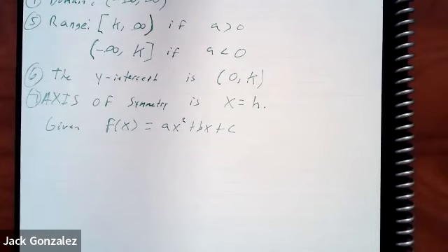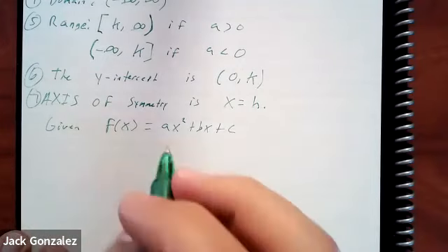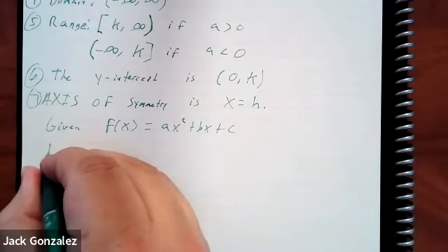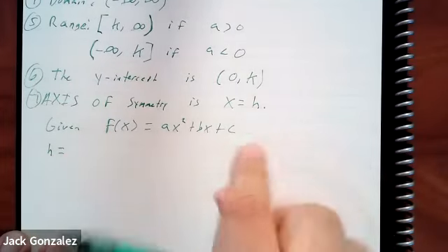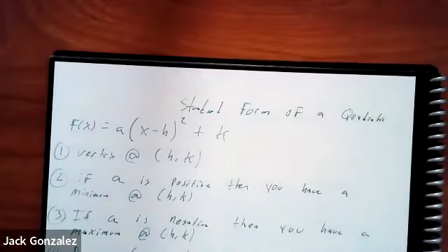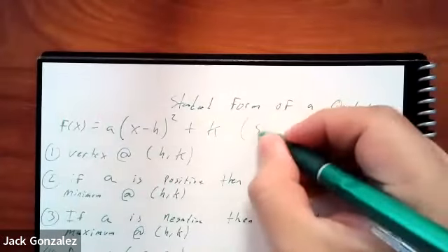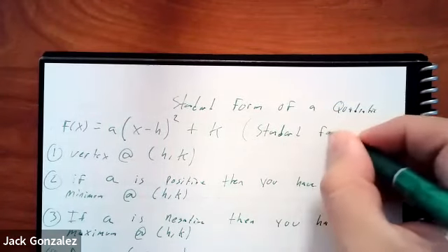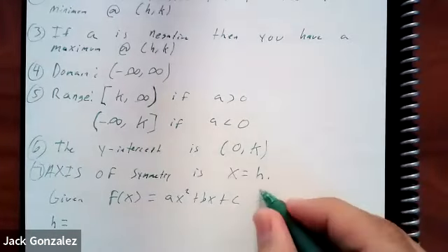So you could complete the square, or you can use this formula. This is a formula for the vertex if it's not in standard form. This is general form here. This top part is called standard form, that we wrote at the top. This one down here is general form.